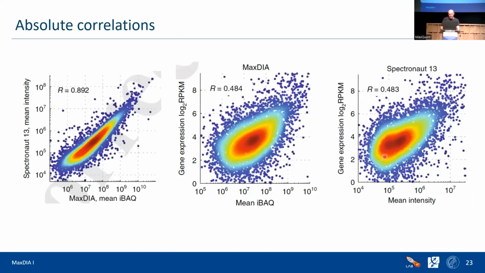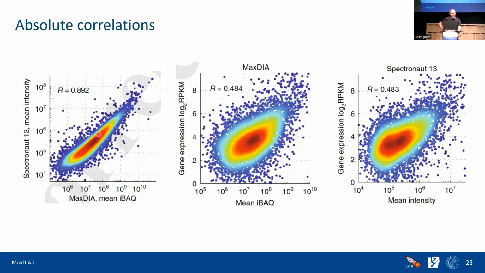Then we looked at the comparison of the intensity output between Spectronaut and MaxDIA. For MaxDIA, it's iBAQ, because this is some kind of absolute quantification that we want to compare between the software and the Spectronaut output. We average these over the 27 replicates, and you can see the Pearson correlation is actually not that bad across software.